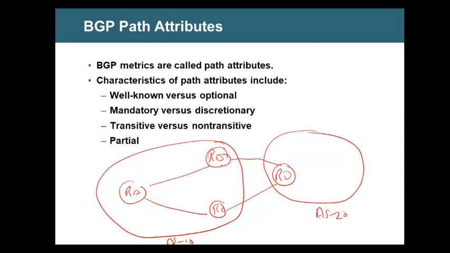Towards whom? Of course, there is only router A. So we cannot say next-hop-self to EBGP. It is only for IBGP. So let's say the neighbor address is like this.